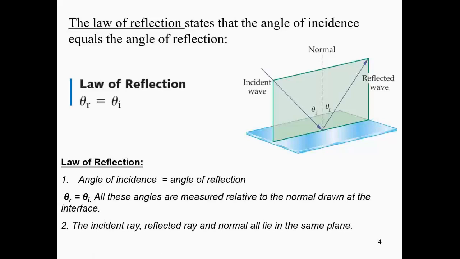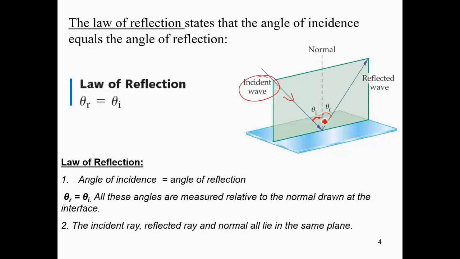Next is the very first law, a very simple law: the law of reflection. The law of reflection says the angle of incidence and angle of reflection should always be equal. For example, this is your surface. If the light ray strikes here, this is the incident light ray, and it will reflect in such a way that it makes the same angle.